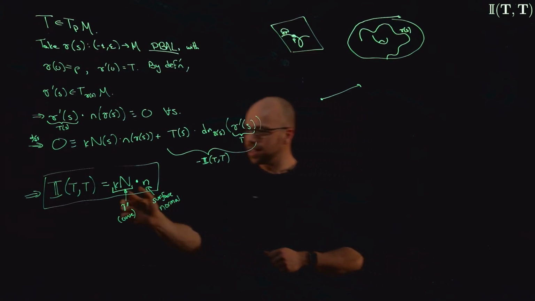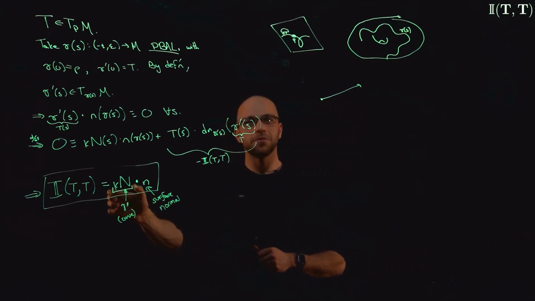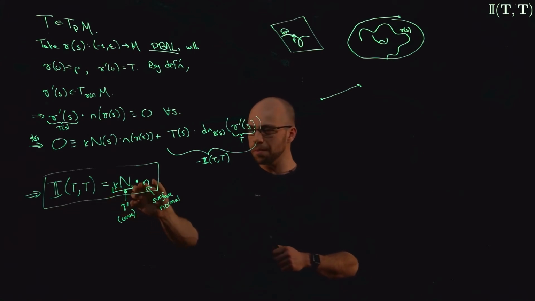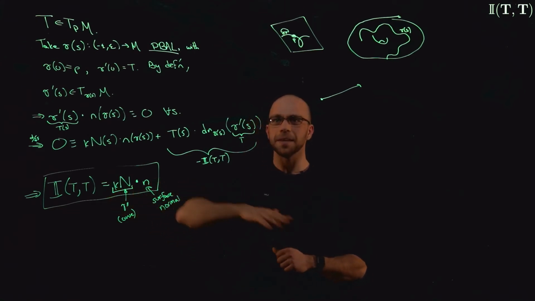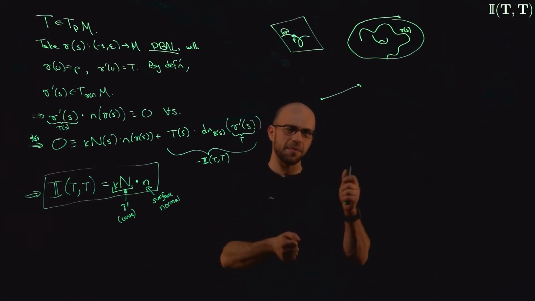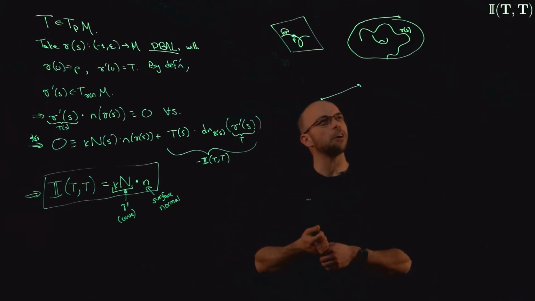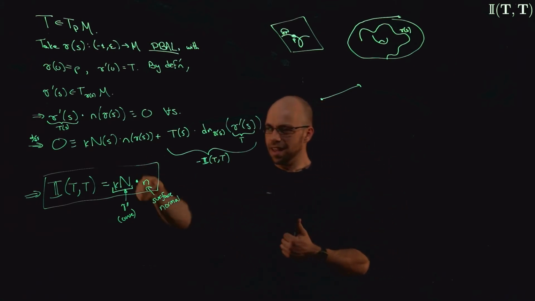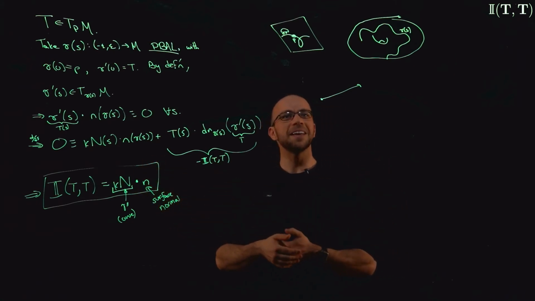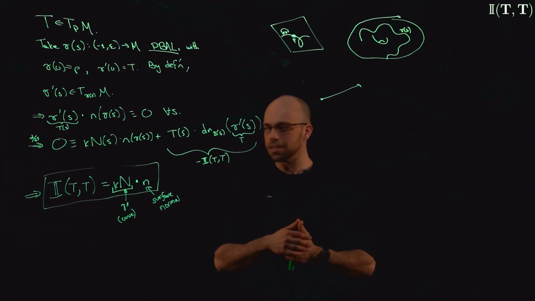So in other words, we can take this kappa n and further divide it into two components. One component parallel to the surface normal, and another component that's in the tangent plane. The tangent plane component is really what makes the curve interesting as it moves along the surface. That's the steering wheel part. And the part that's parallel to little n here, that is the part that is due to geometry.